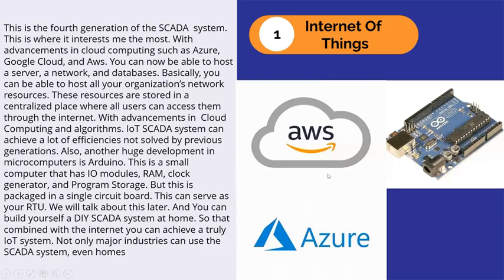Because now the world has internet, you can connect your SCADA system to the internet and control it wherever you are. For this, we have a small computer called Arduino Uno, which you can use to make an Internet of Things type of SCADA system. For further reading, you can learn about this when I share the slides.